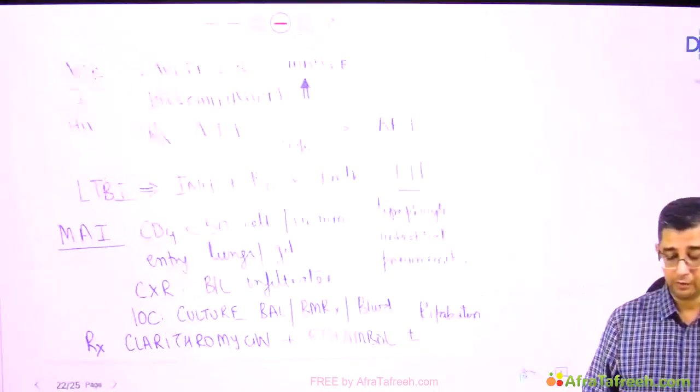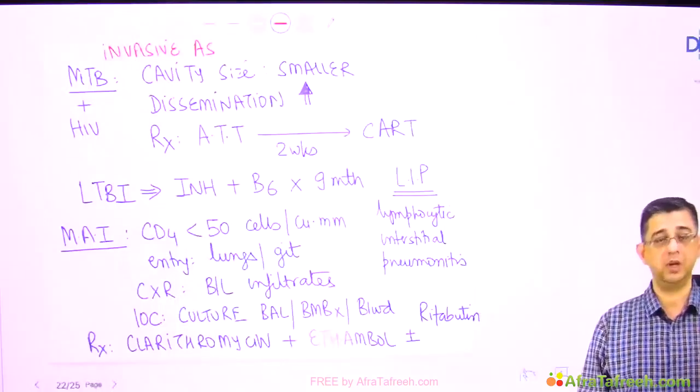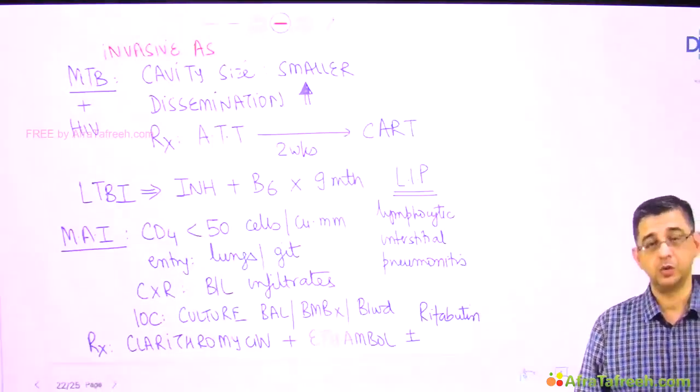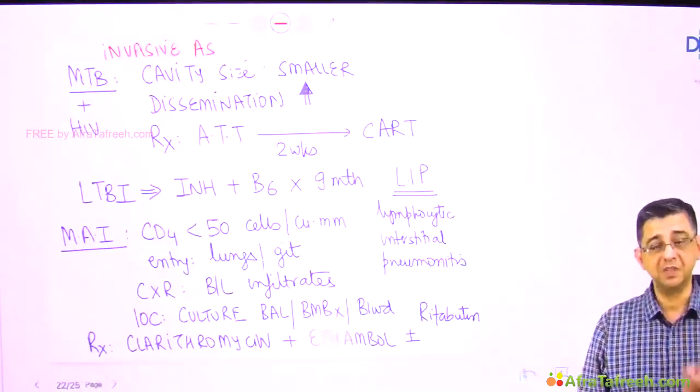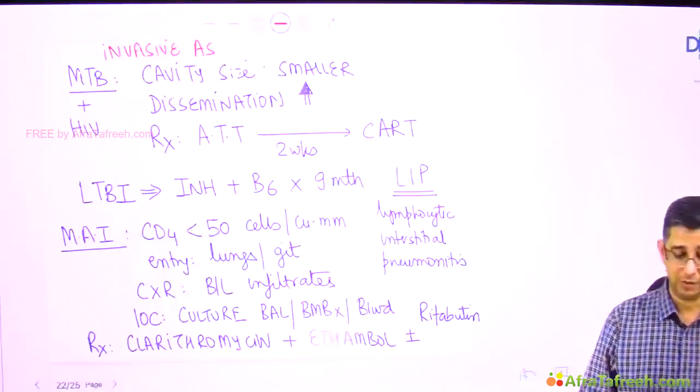And to finish the respiratory infection component in AIDS, I would like to say the fact that invasive aspergillosis, you see, Aspergillus, I have taken a separate lecture on it because it's obviously important, and we read about ABPA, allergic bronchopulmonary aspergillosis. ABPA is common with cystic fibrosis. ABPA is common in asthmatics, but it is not seen with AIDS positive patients.